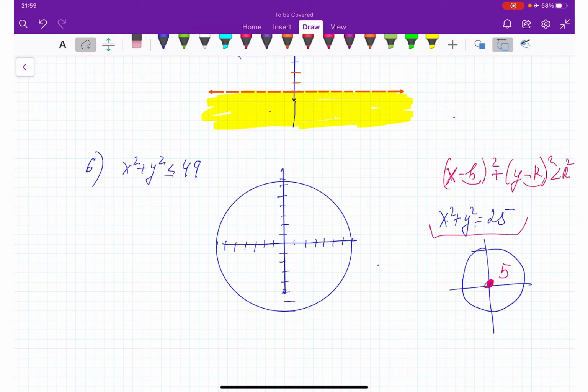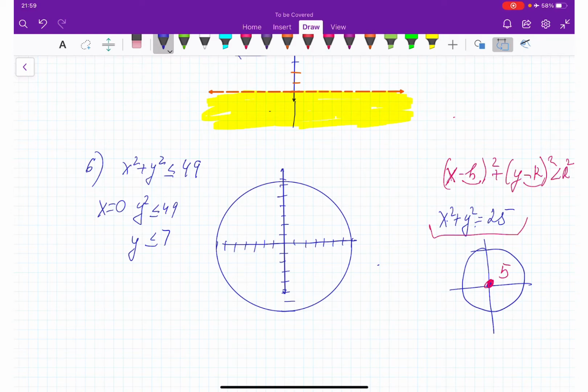Now let's see what's going to be the shading area in this case. When x is equal to 0, y squared is less than or equal to 49, so y is less than or equal to 7, right?